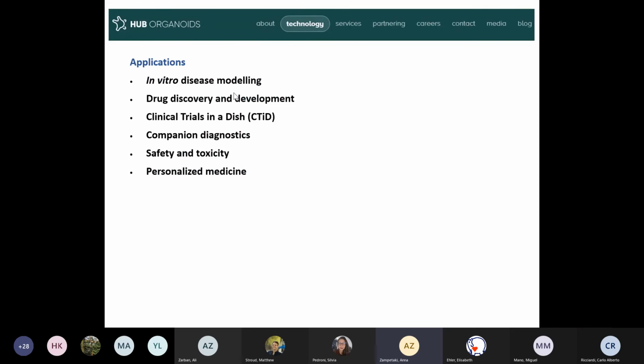So all these applications, in vitro disease modeling, drug discovery and development, clinical trials, companion diagnostics, effectively generating a list of biomarkers associated with a specific disease, safety and toxicity, and personalized medicine, are part of what these collections can be used for.